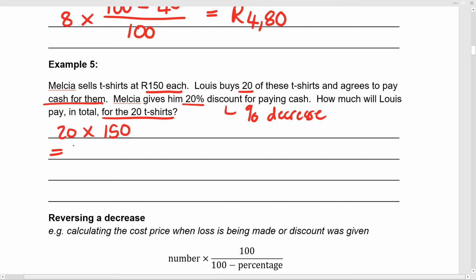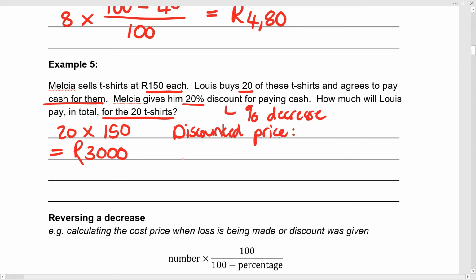Okay, type that into your calculator and pause the video for a moment and then check your answer. I get 3,000 Rand there. And then what I need to do is I need to organize the discount. I'm actually going to write that as a little separate heading. My discounted price must be less than 3,000, right?